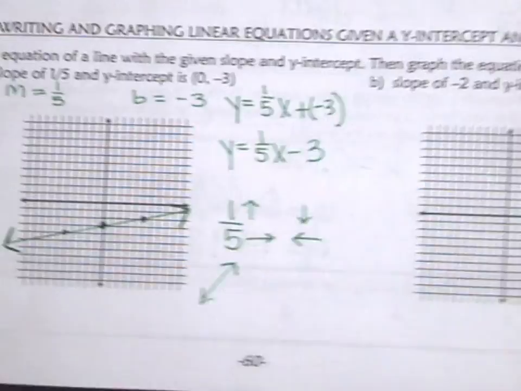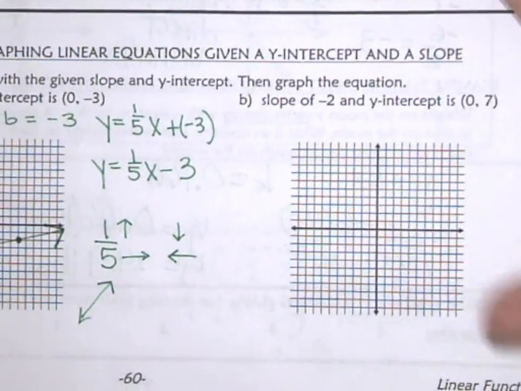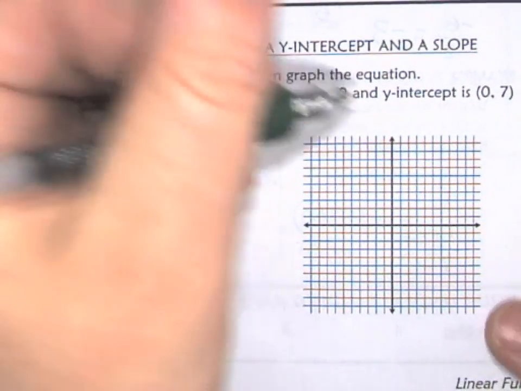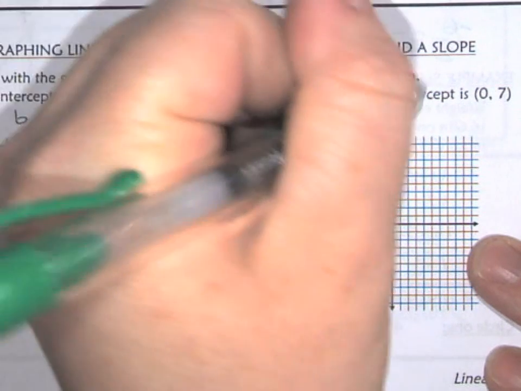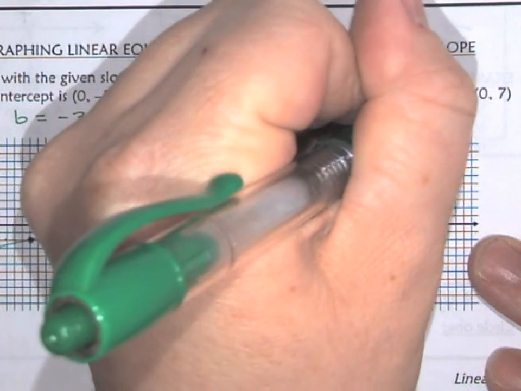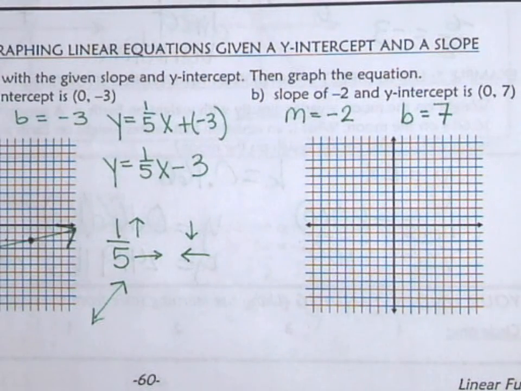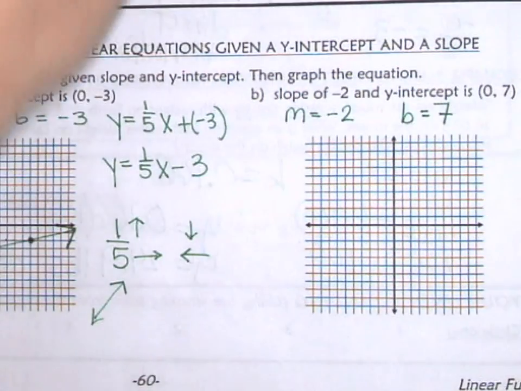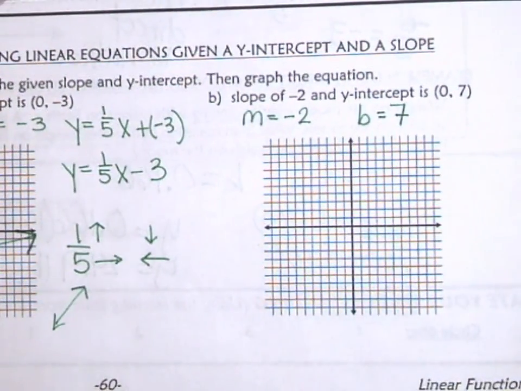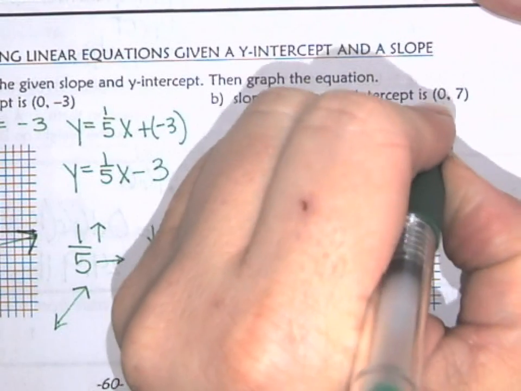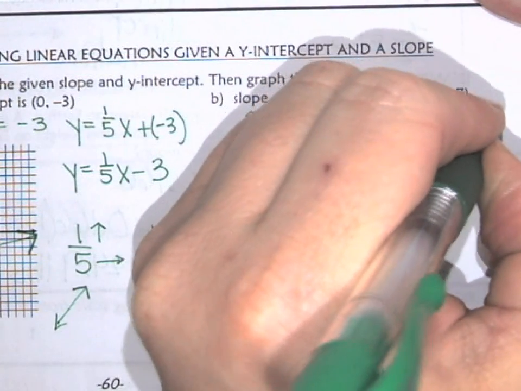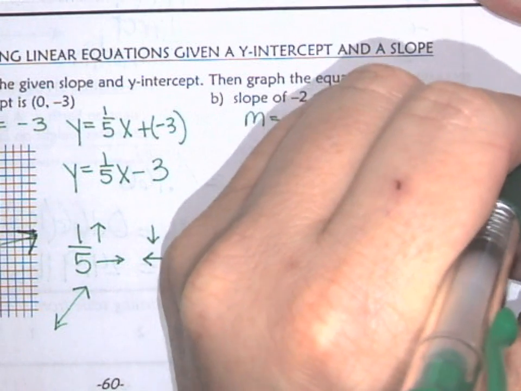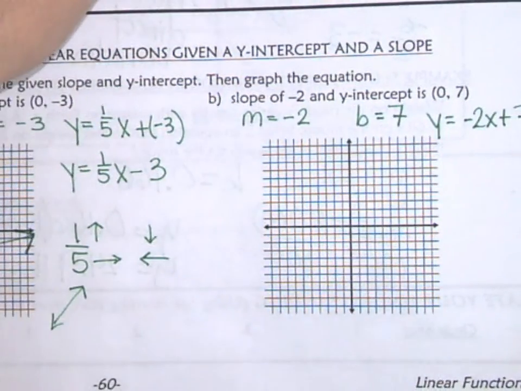All right, let's take a look at our next example. Here my slope is -2, and my b value, my y-intercept, is at (0, 7). So I will write my equation. Y equals -2x plus 7.